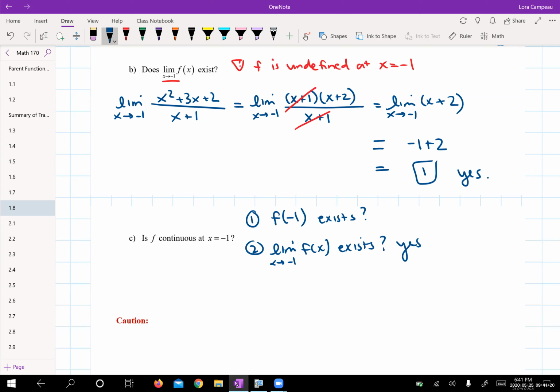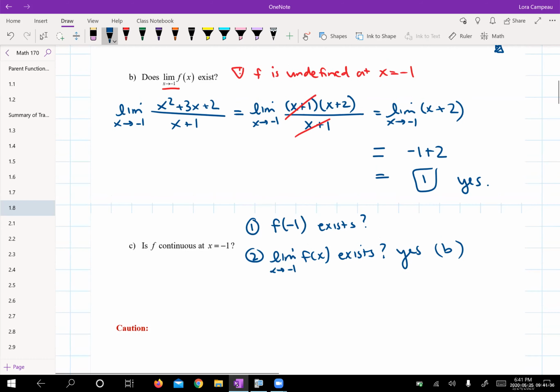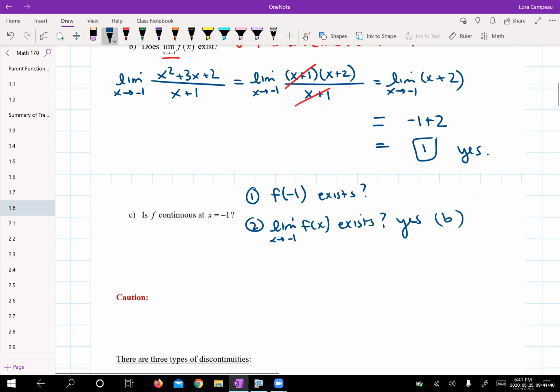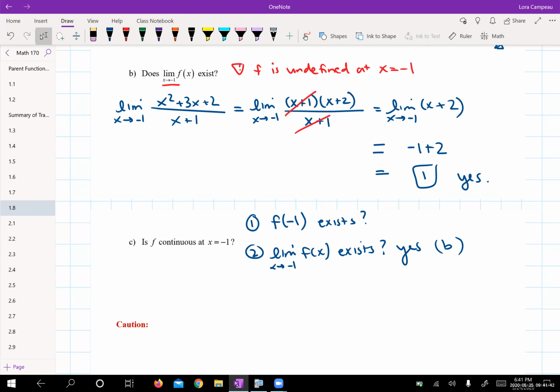So we know that for sure from part B. But I want to check criteria number 1. And then we want to check to see if it's equal to criteria number 2 to really define the continuity. So remember, if we're looking at what's actually happening at x equals -1, we've already answered it in part B.